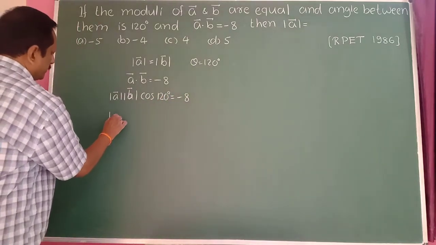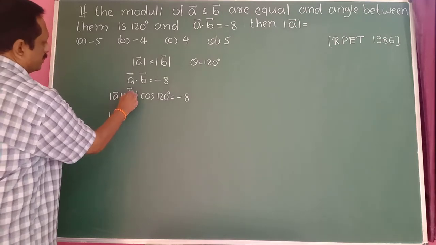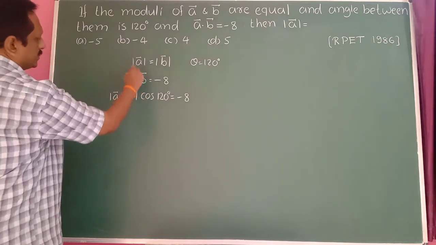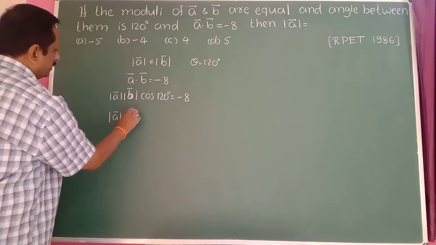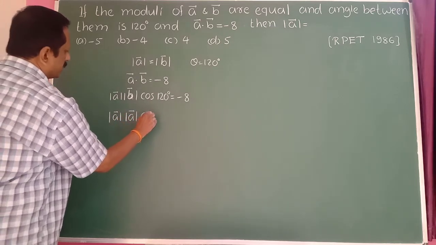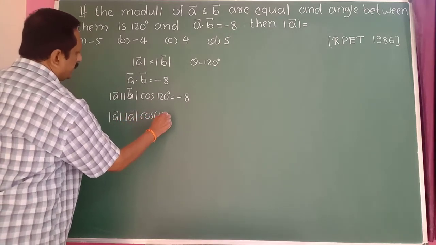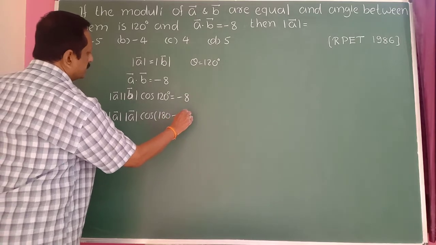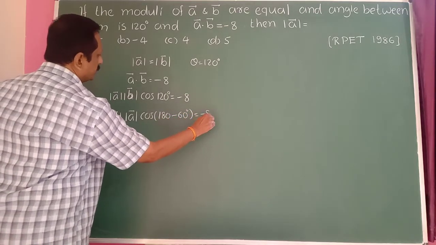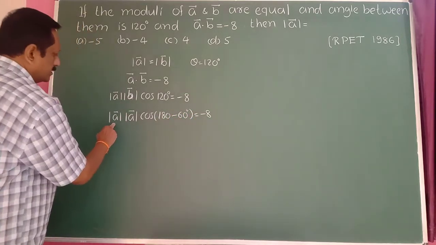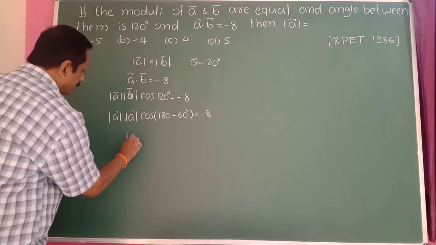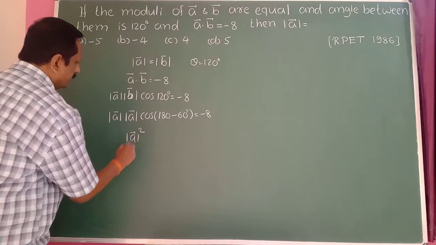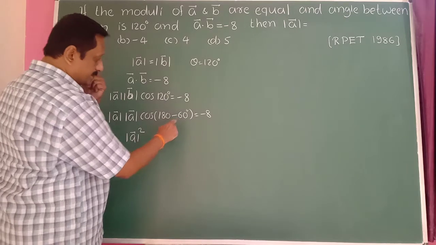Hence modulus of A bar into modulus of B bar, here modulus of A bar, into cos of 180 minus 60 degrees is equal to minus 8. Modulus of A bar into modulus of A bar is modulus of A bar square, and 180 minus 60 comes under the second quadrant.